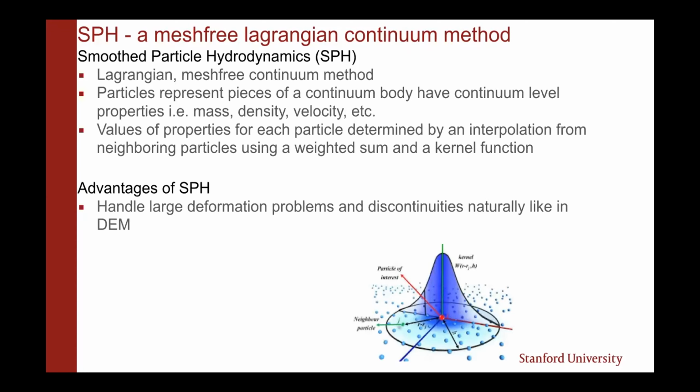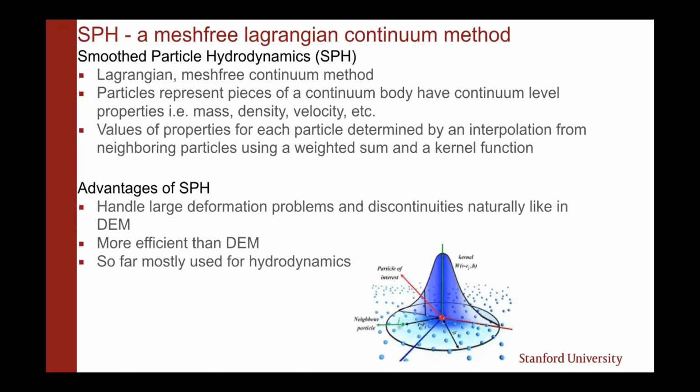As I mentioned, the advantages of using smooth particle hydrodynamics are related to the lack of issues in terms of mesh entanglement, and dealing well with discontinuities. It's much more efficient than the discrete element method, which has some of these advantages as well. And you're also working within the continuum assumption, so you can actually specify a constitutive model for your material.